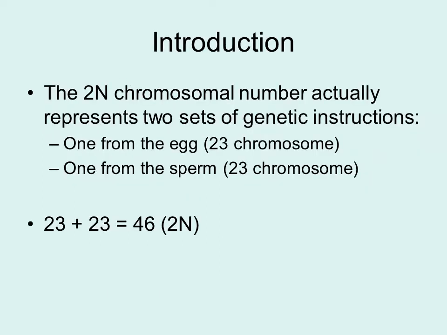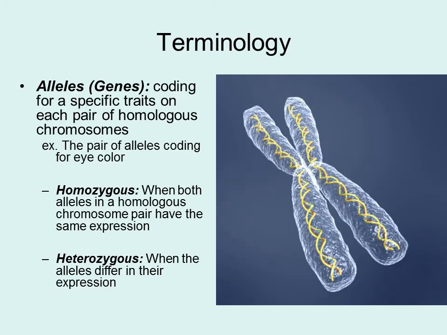So with that diploid number, like I said, that means you have one chromosome set from mom, one chromosome set from dad. There is some terminology that's used in genetics. Alleles is referring to the genes.